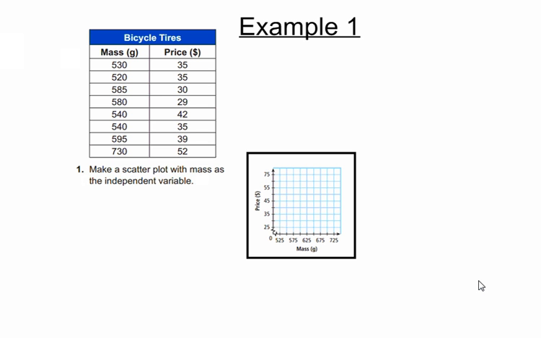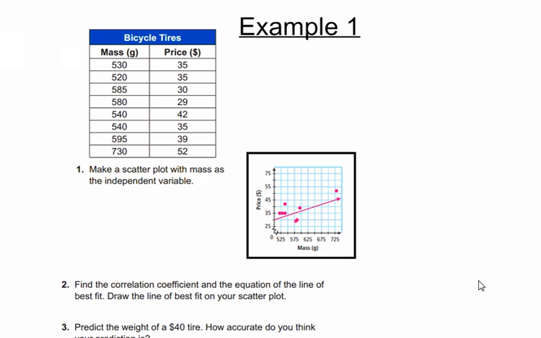So just a quick example here. We have some information about bicycle tires with a mass and a price. We're going to see if these correlate at all and see if we could come up with some sort of prediction. So making a scatter plot, you're just putting things on the X and Y axis. We have mass along the X, that's our independent, and then we have price along the Y. See how quickly I did that?